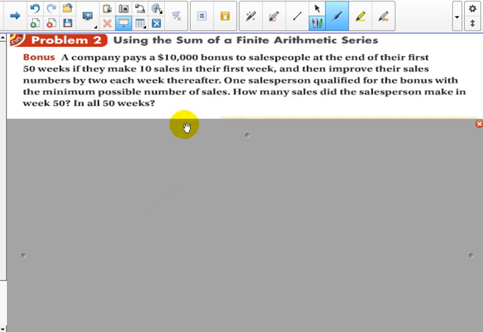So problem 2 states, it's a word problem, and it says using the sum of a finite arithmetic series. So now we're going to use this in a real-world situation. So it says bonus. A company pays a $10,000 bonus to salespeople at the end of their first 50 weeks if they make 10 sales in their first week, and then improve their sales numbers by 2 each week thereafter.